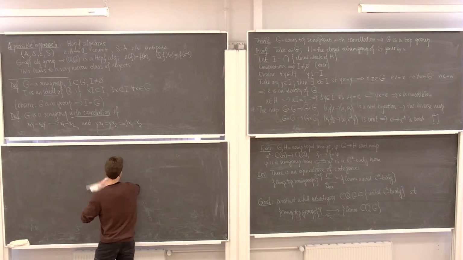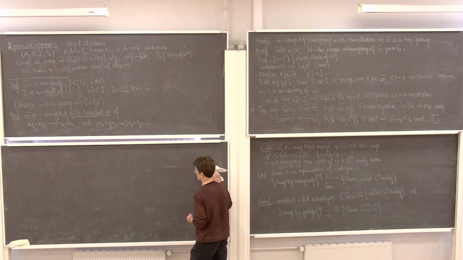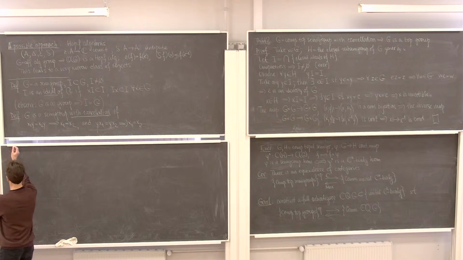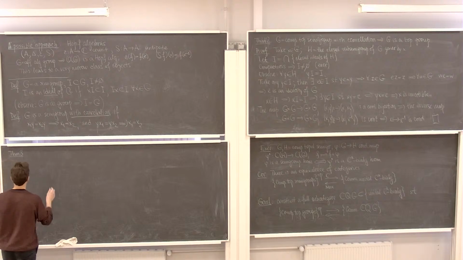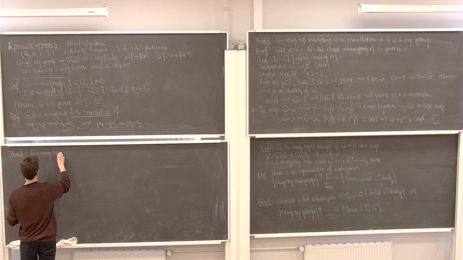Let's now try to dualize the cancellation property. That is, to write it in terms of the algebra of continuous functions. And as a result, you get the following theorem, theorem 3. Suppose that G is a compact topological semigroup.